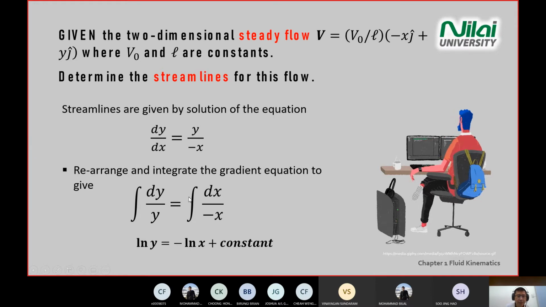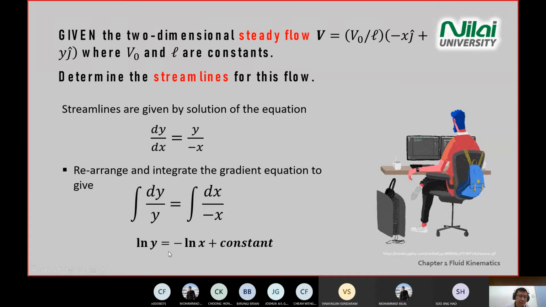Every time you integrate without a boundary condition, you get a constant, plus c. If you don't understand this, please refer back to the calculus chapter in mathematics that involves differentiation and integration.